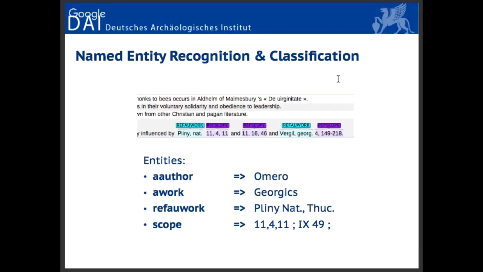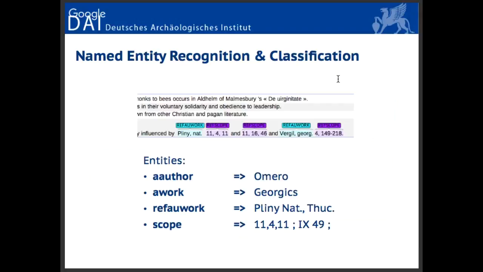You have a reference to Pliny Naturalis Historia, two consecutive references. You mention only once the text you're referring to, and then you give two citation scopes. You say twice what you are referring to. If you model this as a monolithic entity, you cannot do it. But if you model it as citation components, and then you relate them by means of relations, then it becomes possible.